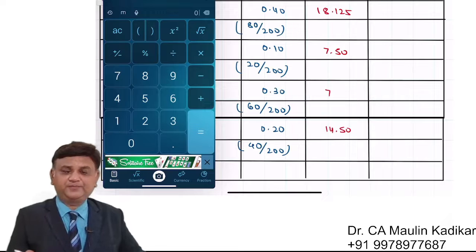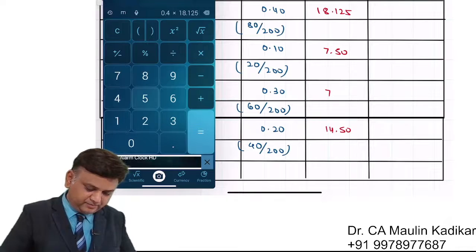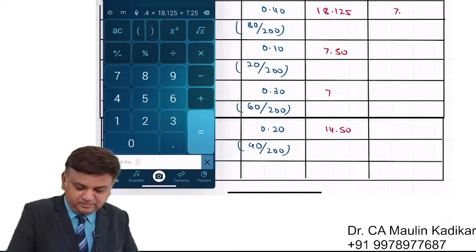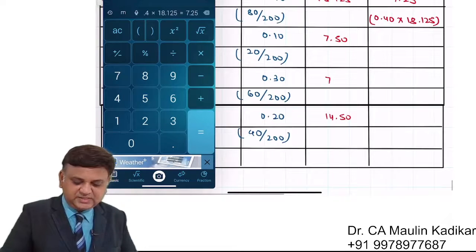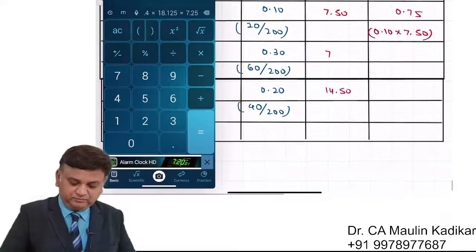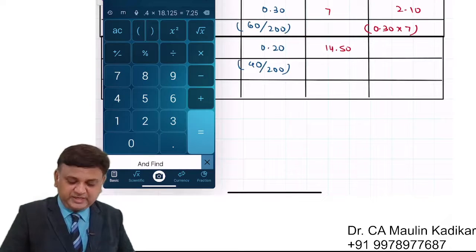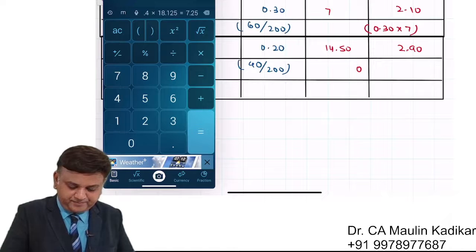Weight into cost of capital. So the weight of equity is 0.40 into 18.125. That comes to 7.25. Next it is 0.10 into 7.5, that is 0.75. Then 0.30 into 7, that is 2.10. Then 0.20 into 14.5, that is 2.9.